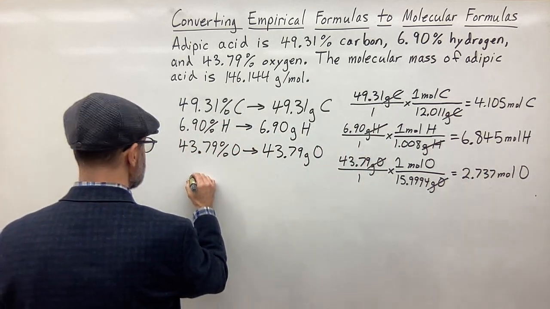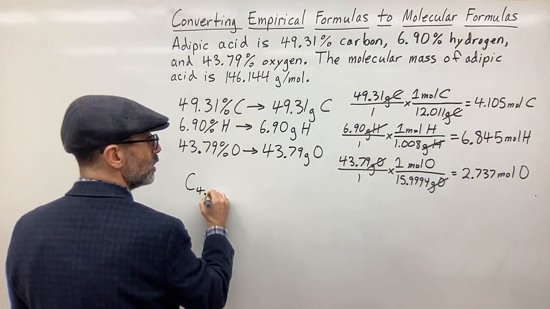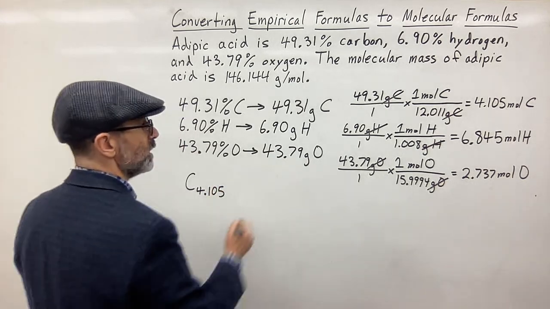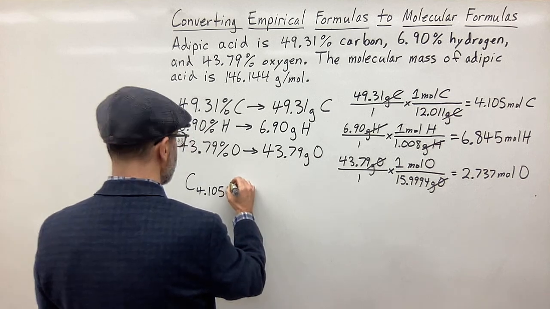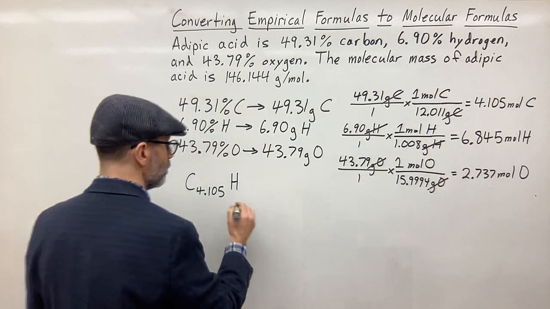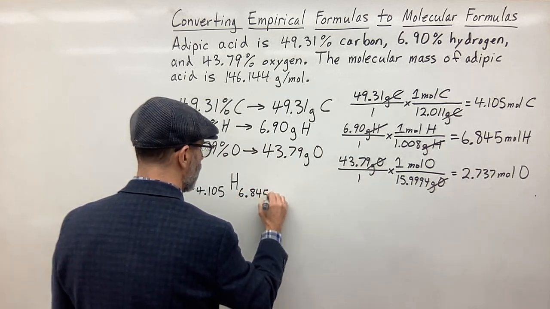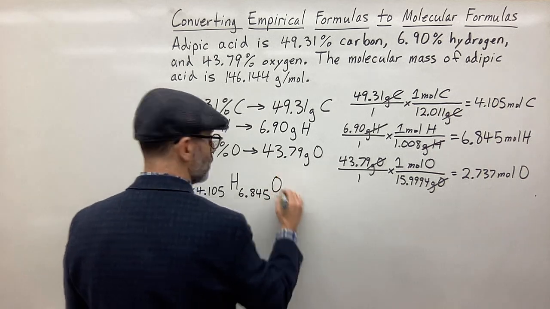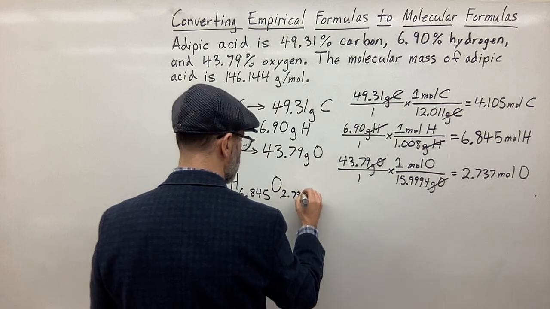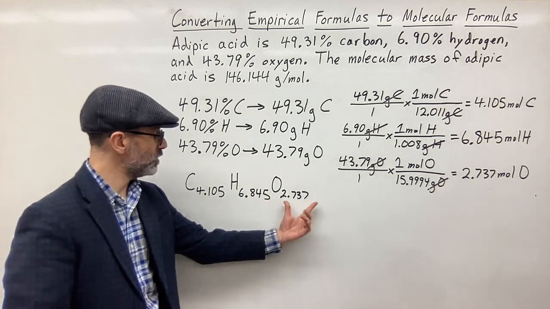So I'm going to have C, carbon. Carbon would be 4.105. So that would be the subscript. And then for hydrogen, this is going to be the subscript for hydrogen, 6.845. And then for oxygen, the subscript is going to be 2.737. Now, this looks weird, but remember, these are moles.